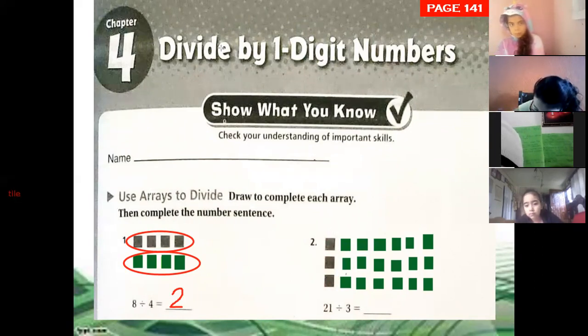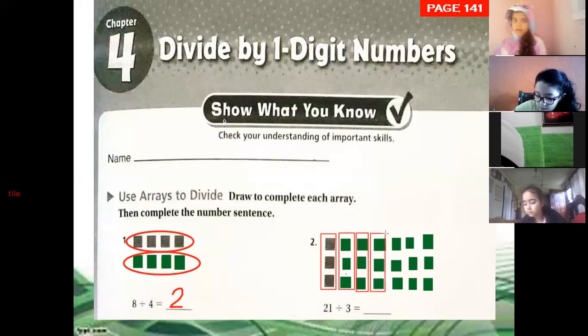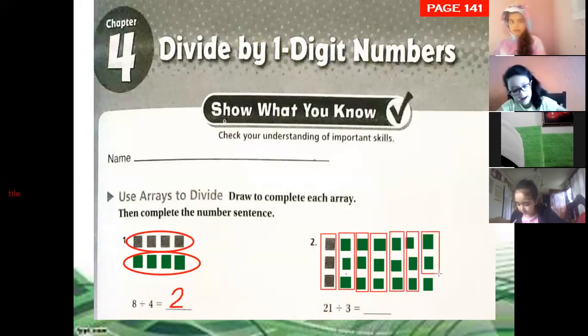We have 7 groups. 1 group, 2 groups, 3, 4, 5, 6, and 7. So that's the answer. 7.